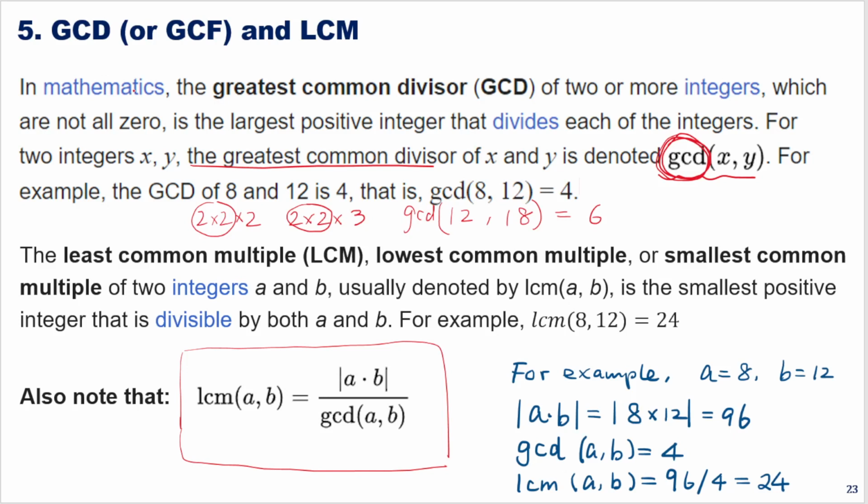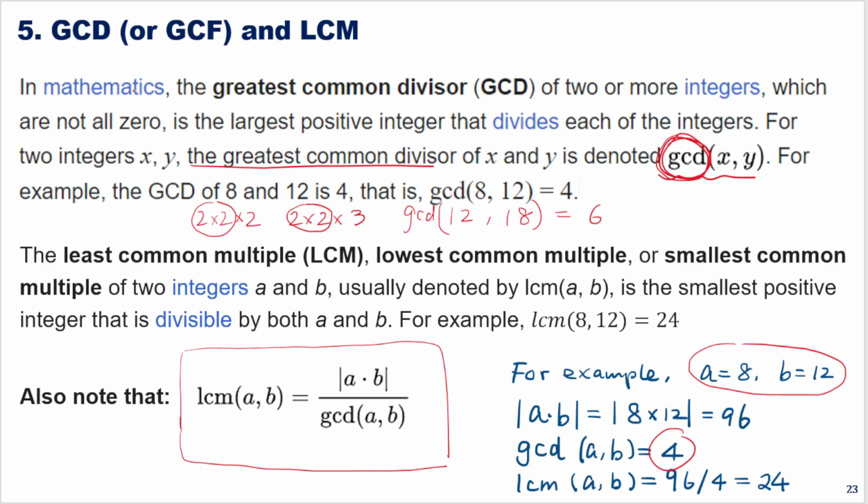For example, let's consider these two numbers: a equals 8, b equals 12. Then the absolute value of the product of these two numbers is 96, right? And the GCD of 8 and 12 equals 4, so the LCM is given by this formula: 96 over 4 equals 24, right?